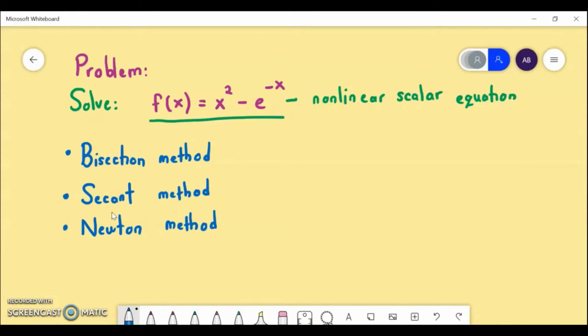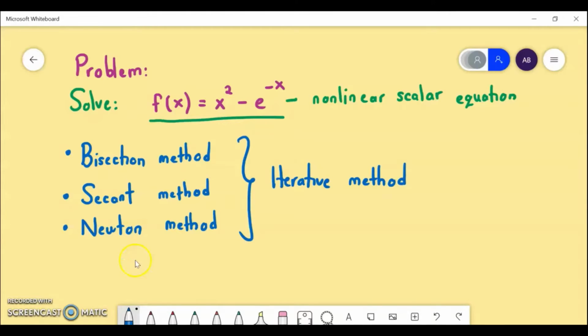These are the three iterative methods. Now if you don't want to use an iterative method, you can find x by producing the graph of it.